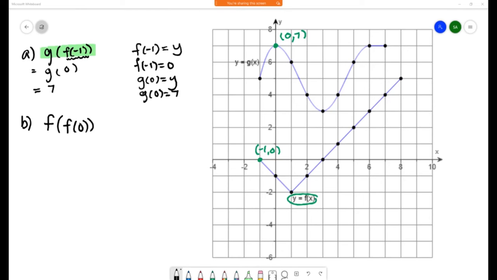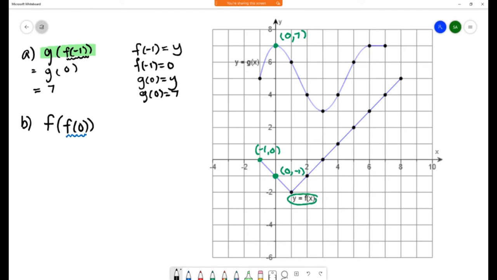Okay, so in part B, we now want to find f of f of 0. So once again, we're going to start with the inside part, the f of 0, and looking here on the graph of f, here is a point that has an x-coordinate of 0 and a y-coordinate of -1.